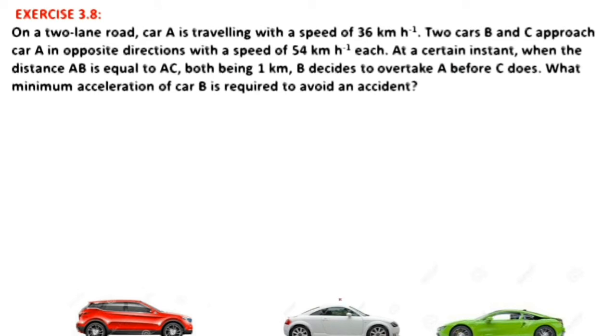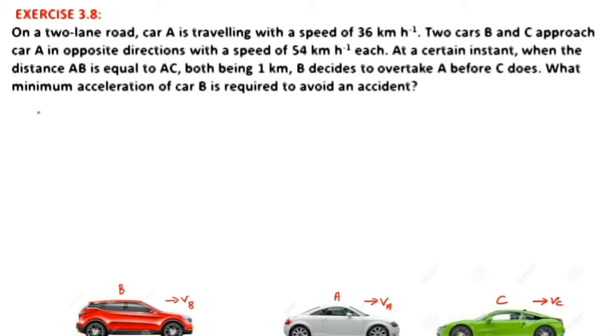So this is car A, this is car B, and this is car C. We can write the speed of car A as VA, the speed of car B as VB, and the speed of car C as VC.